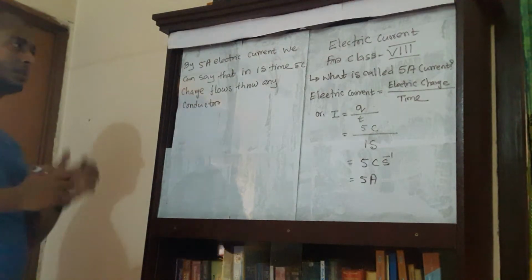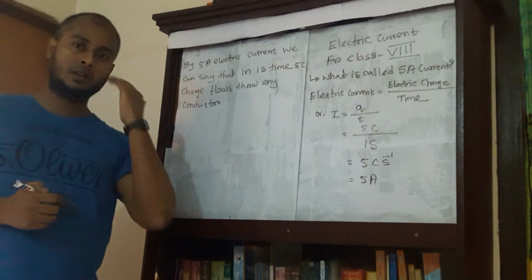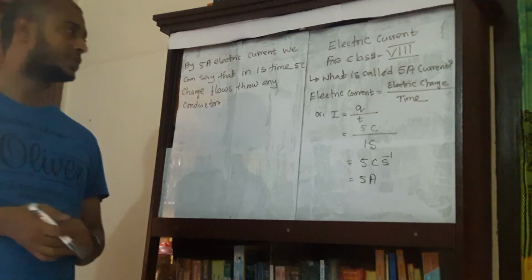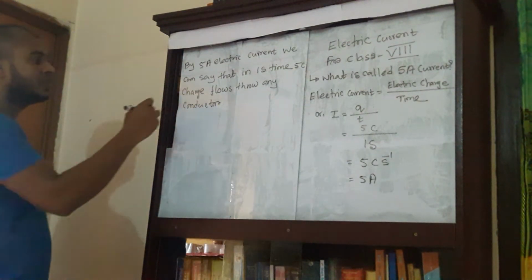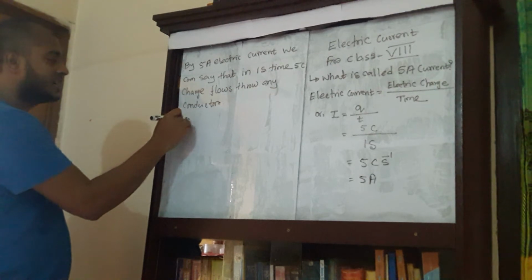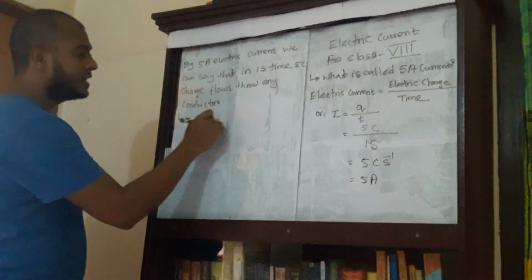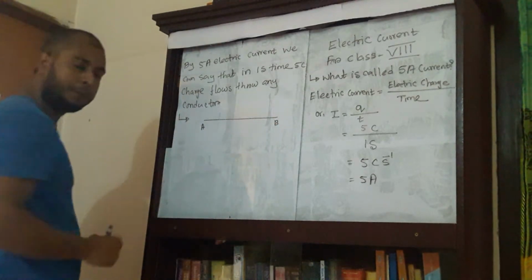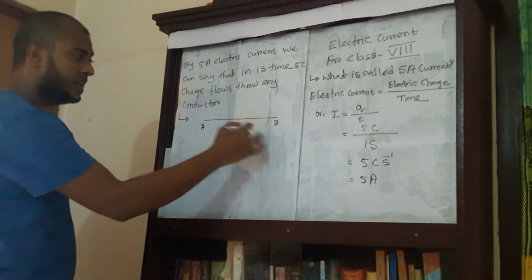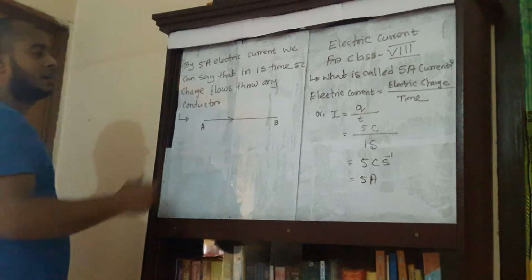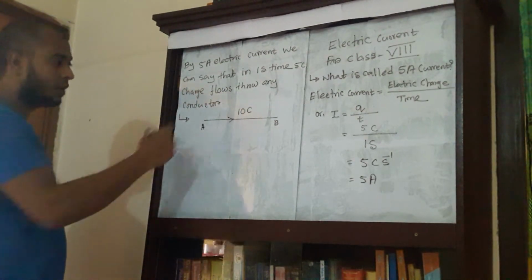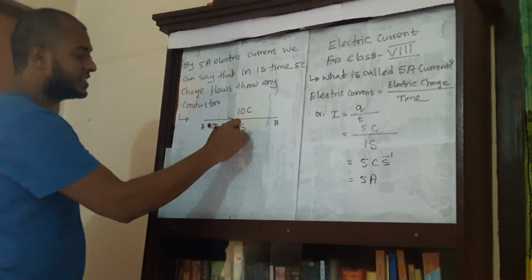Okay? Now, in the next segment, I need to know how we can calculate electrical current. So my next topic is how can I calculate this? Say, boys and girls, this is an electrical wire, this is point A and this is point B, and from point A to point B, say 10 coulomb charge flows for 3 second time.